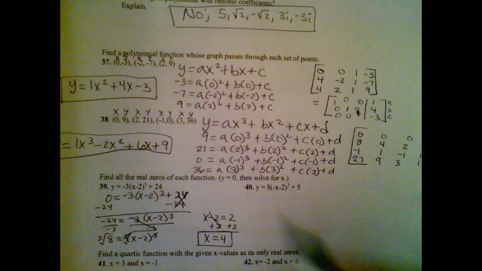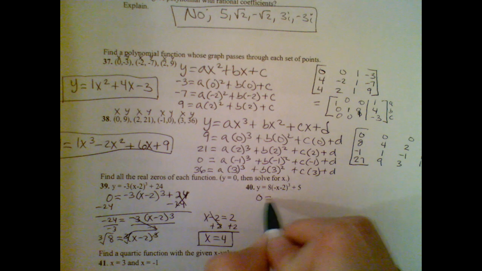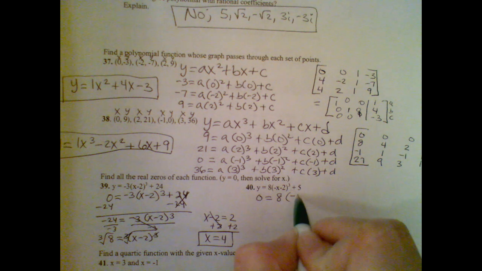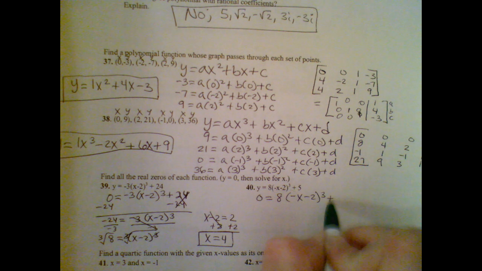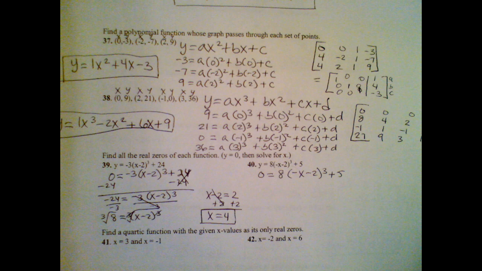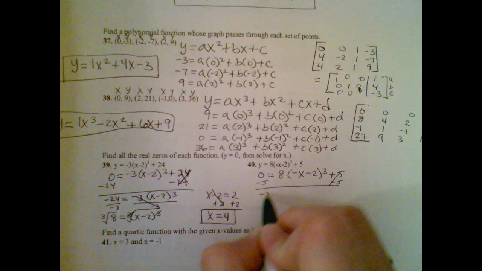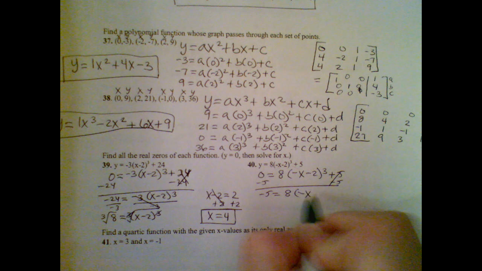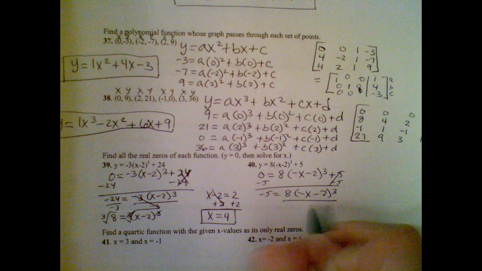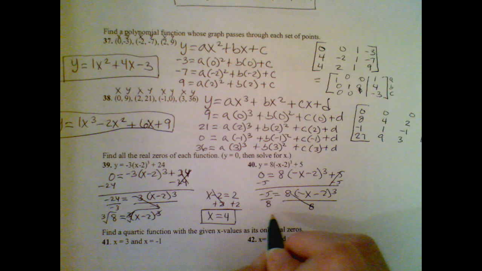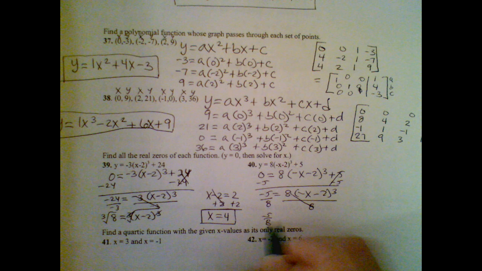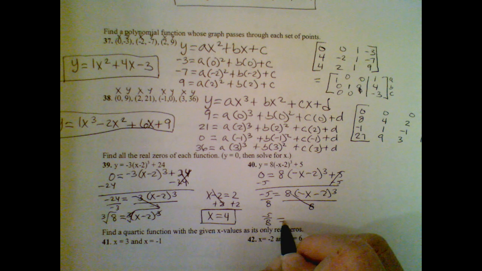So this next one, if we do it by hand, we plug in 0 for our y. And then again, we want to get the x by itself, so we start moving everything to the other side. You can use -5/8, or you can put that as a decimal.